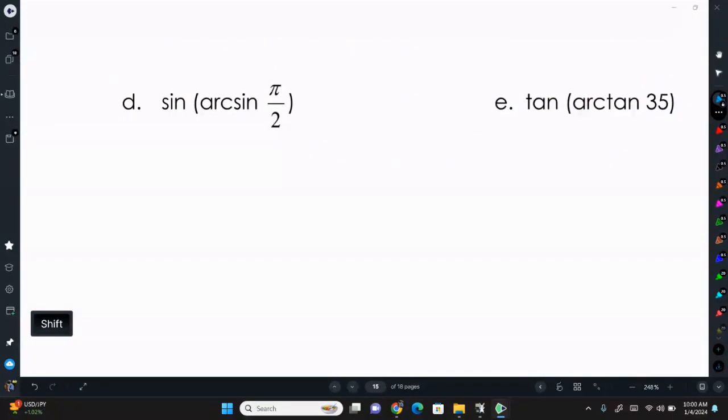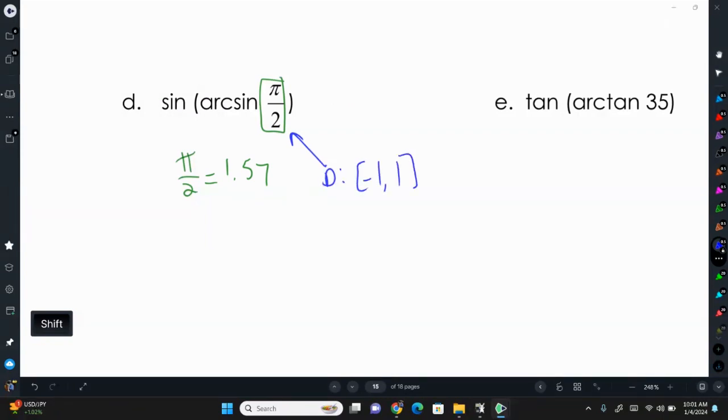Now D, we cannot take the inverse sine of this because that value is bigger than our domain. It falls outside of it. Pi over 2 is about 1.57. But remember, the domain of inverse sine is negative 1 comma 1.